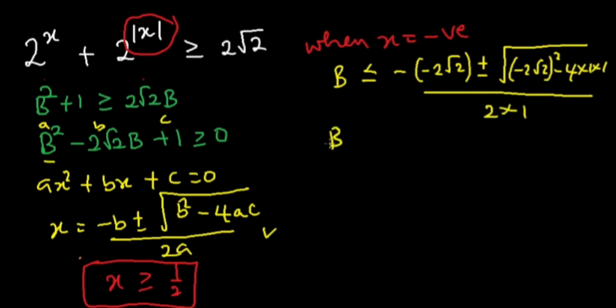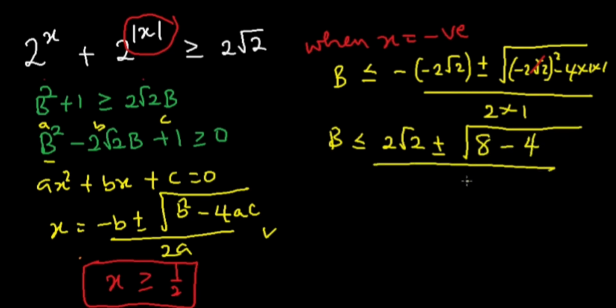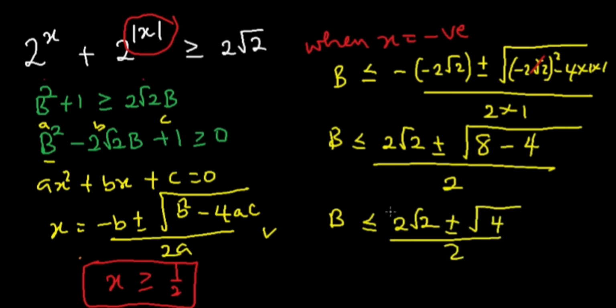So we have b less or equal to 2 root 2 plus or minus, now if I square this one, I'm going to be having 4, and this square will cancel this square root, so I'm going to be having 8 for this one. 8 minus 4 times 1 times 1, that's 4, all over 2. Okay, so I have b less or equal to 2 root 2 plus or minus the root of 4 over 2. The root of 4 is 2.